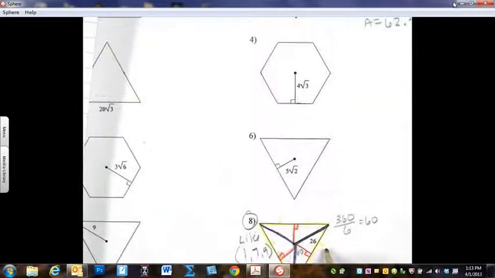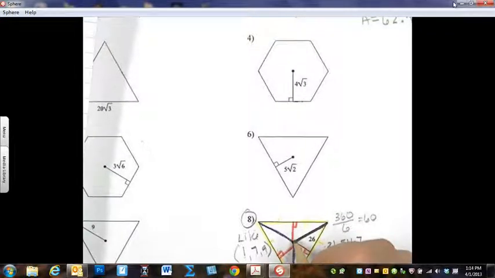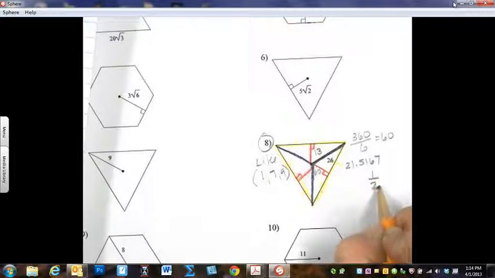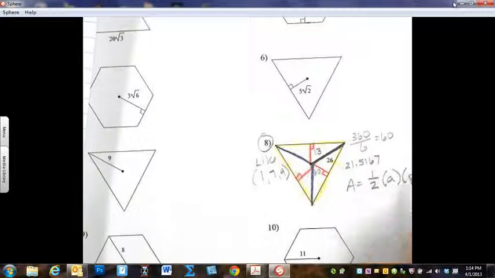Let's go back to our original picture again. So I know this side right here is 22.5167, and the apothem, all these little red lines, are 13. So in order to find area, I have to know the perimeter. We know it's going to be 1/2 the apothem times the perimeter. Well, I know the apothem is 13.